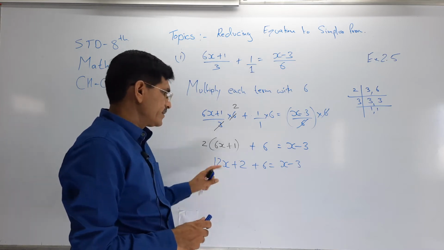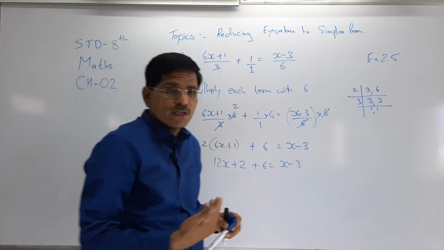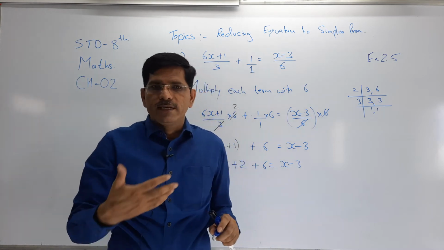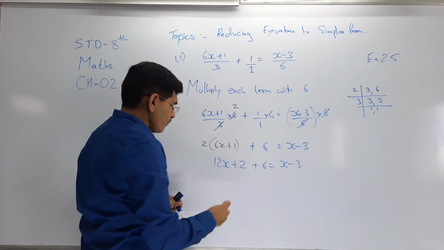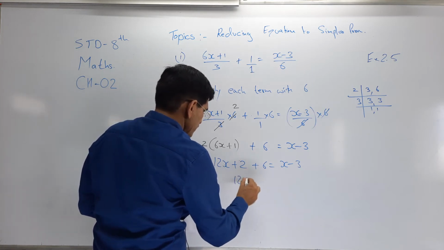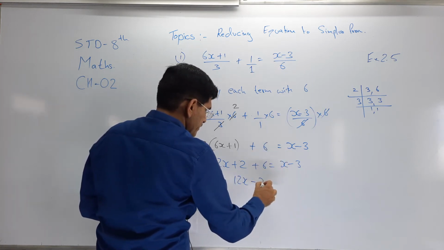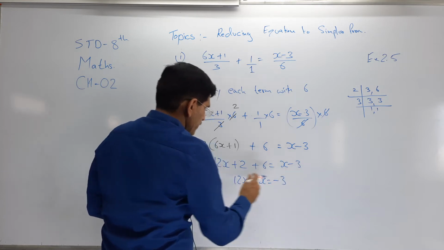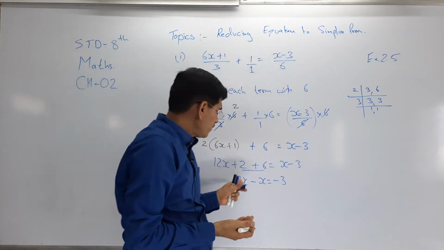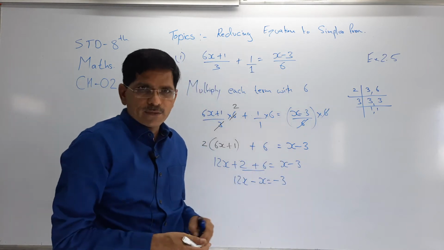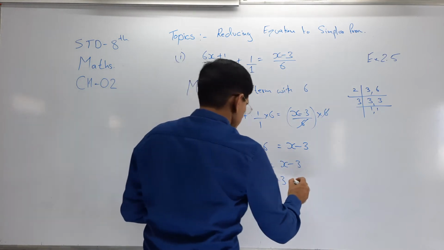In the last lecture what did we see? The variable should be on the left hand side and the constant on the right hand side. So here 12x minus x. Here 6 plus 2 is 8. But when we shift from left to right, it becomes minus, so minus 8.